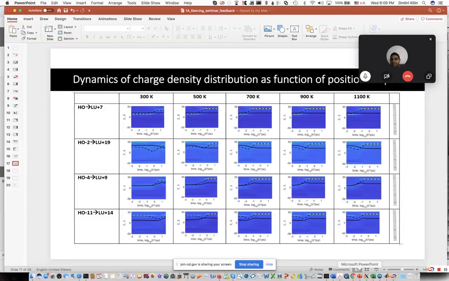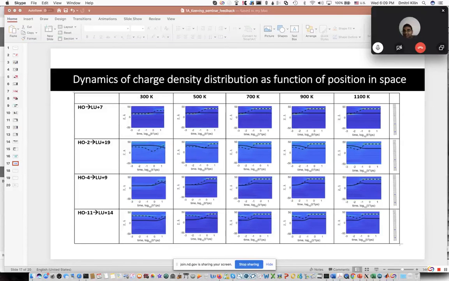All right, so I'll just start over with this slide. In this slide, we're studying the dynamics of charge density distribution as a function of position. So if you take a qualitative look at this, there are two things. One is that all the charge transfer is localized on the iodine dopants. This is what we expect in the doping process. The sodium is the donor, the iodine is the recipient.